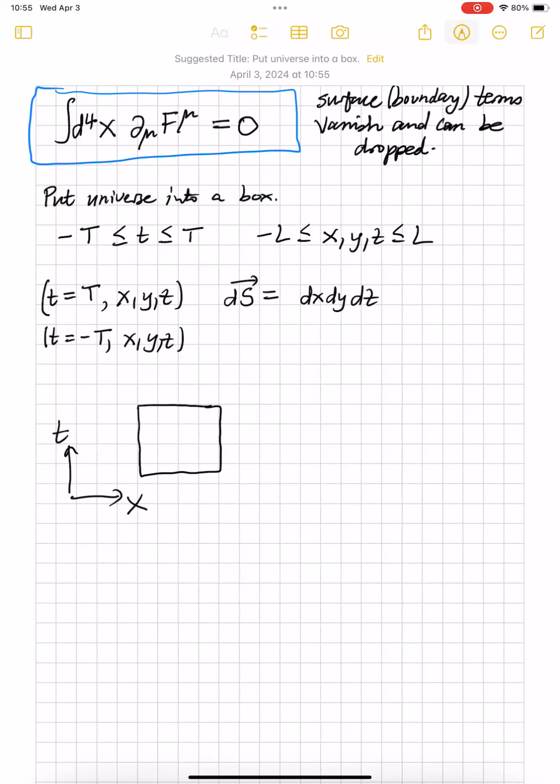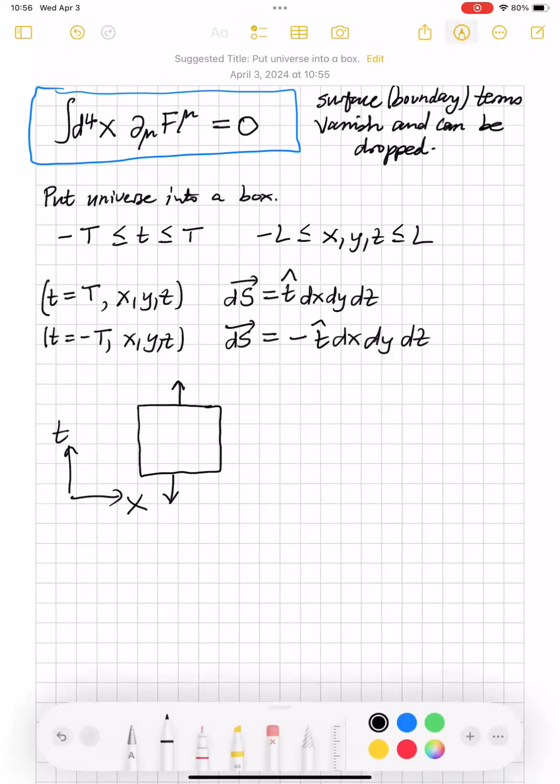So over here at the t is equal to plus T surface, we must point in the t hat direction. So we will have a t hat sitting there. And at this other time boundary, we must point in the minus t hat direction. So we will have ds is equal to minus t hat dx, dy, dz.